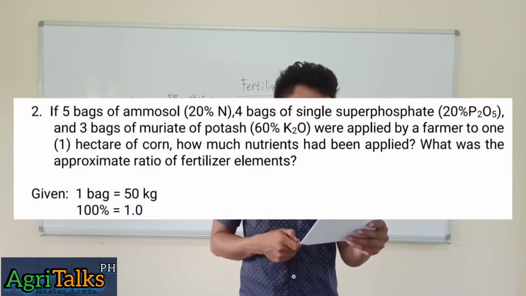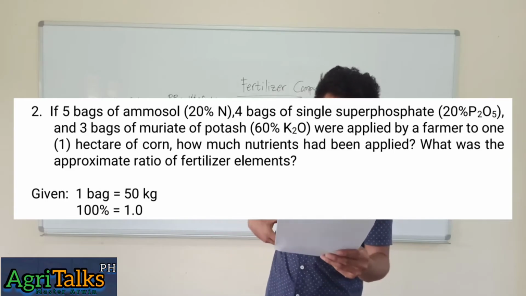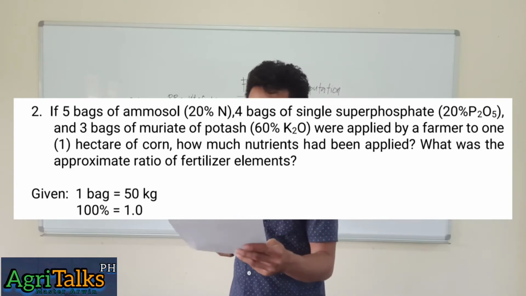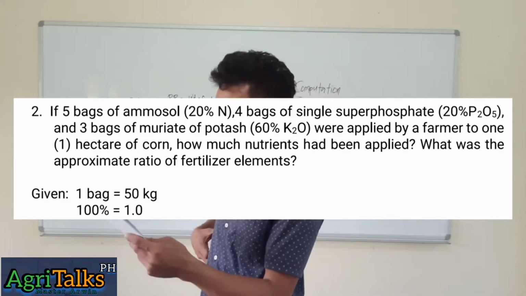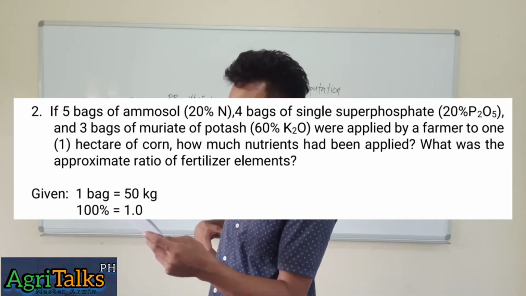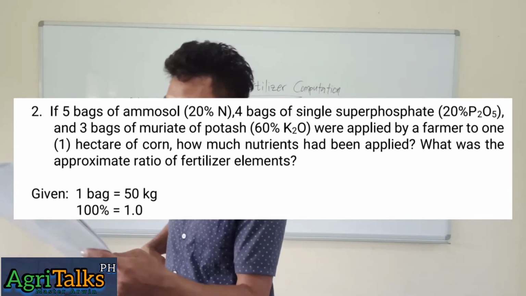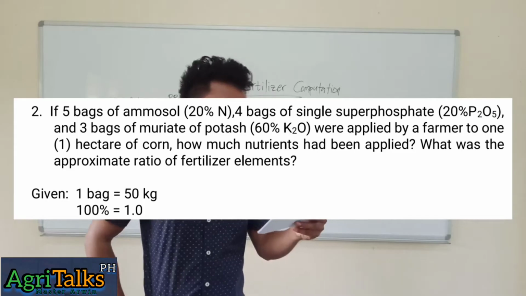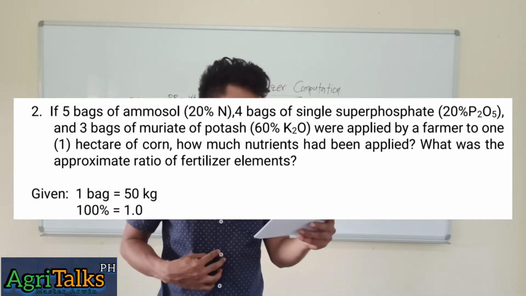If a bag of ammonium sulfate with 20% nitrogen, 4 bags of single superphosphate having a 20% phosphorus and 3 bags of muriate of potash having a 60% potassium were applied by a farmer to 1 hectare of corn.